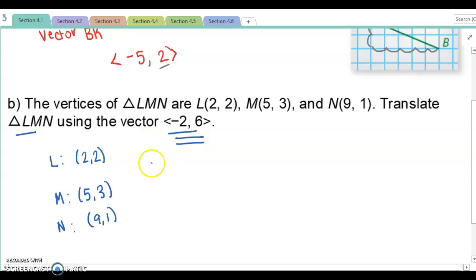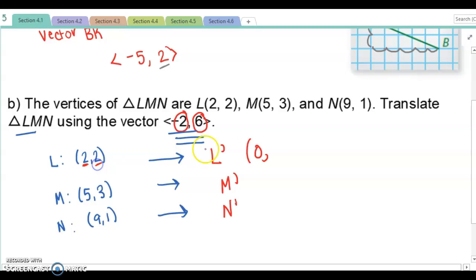All right, so if I translate it using the vector, that means I would get an L prime, an M prime, and an N prime. Remember, the primes come after we do something to it. So this is going left 2, this is going up 6. So if I go left 2 from 2, I would be at 0, and if I go up 6 from 2, I would be at 8.